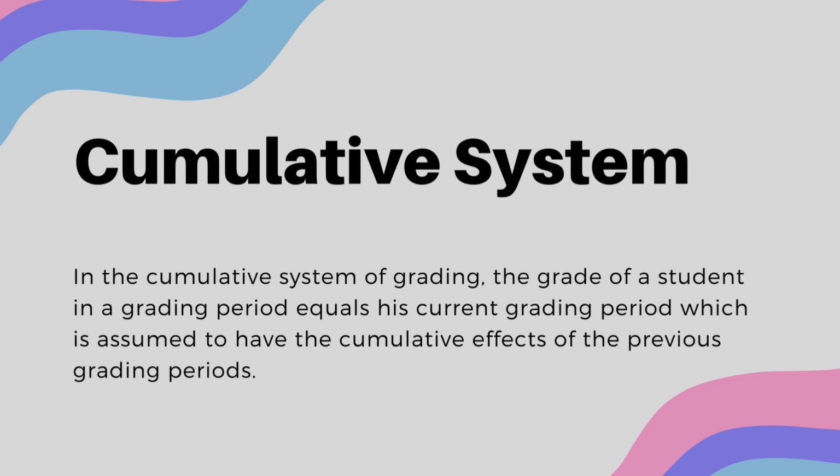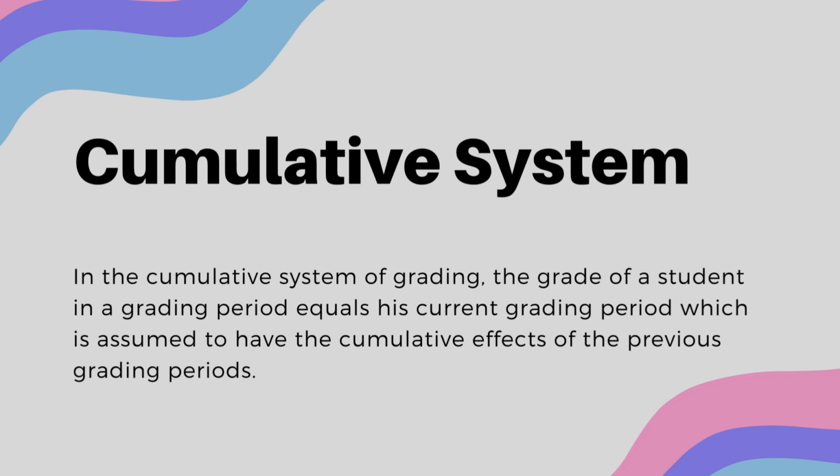In this, the grade of a particular student is equal to his grade in the current grading period, which also has the cumulative effects of the previous grading periods. Most of us are acquainted with this kind of grading system because this is the one that we are using in college, where at every end of the semester we obtain a final grade, which is composed of a few percentages of the previous grades that we have and some of the current grading term.